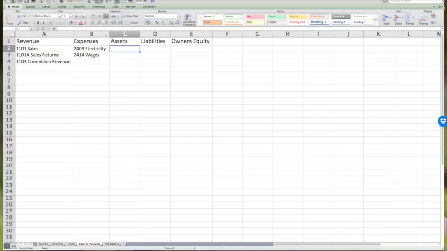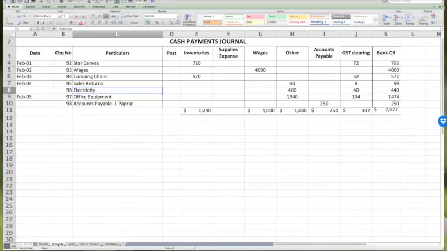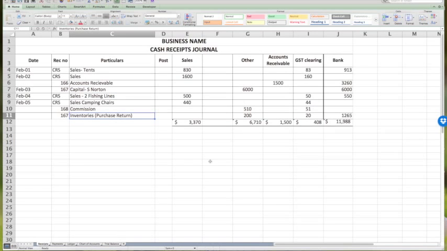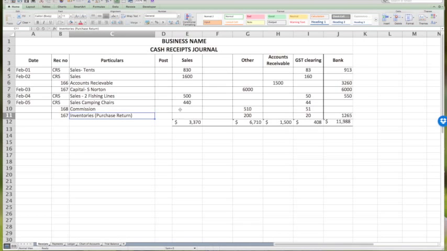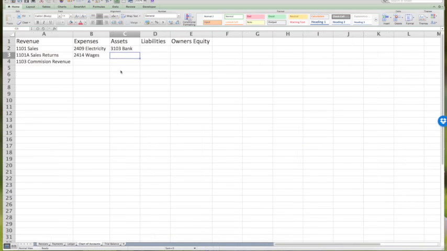So if we move on to our asset accounts, on both cash payments and cash receipts journal we have accounts for the bank. So bank is an asset, so I'll pop that in there. On our cash receipts journal here, if we look across the top, I can see that we've got an account here for accounts receivable. So we'll pop that in over here as well.